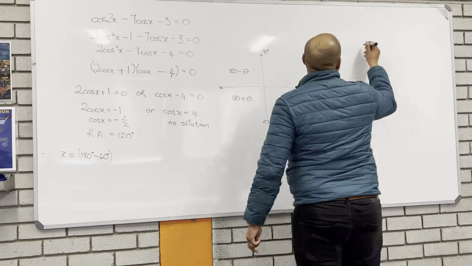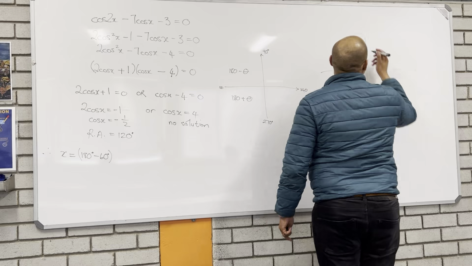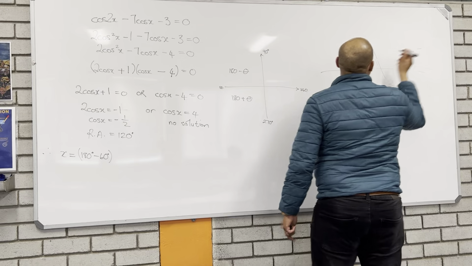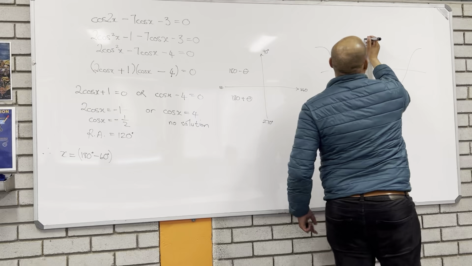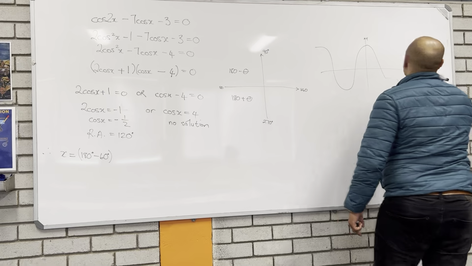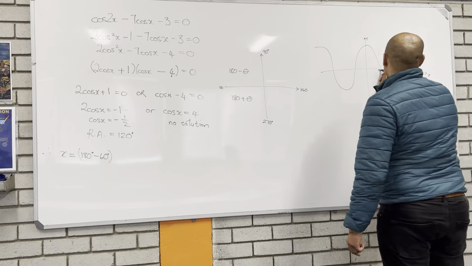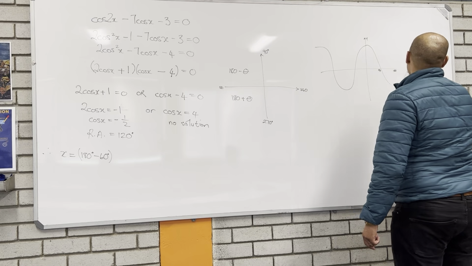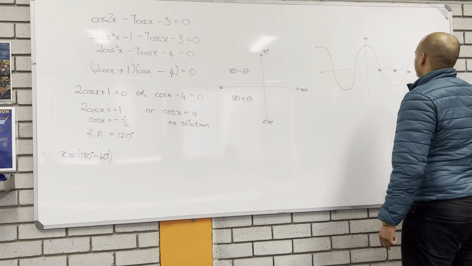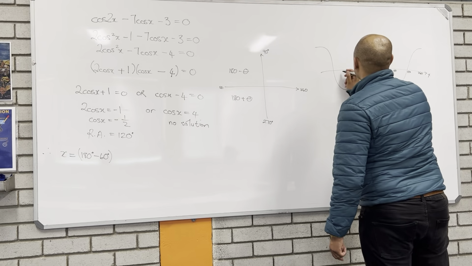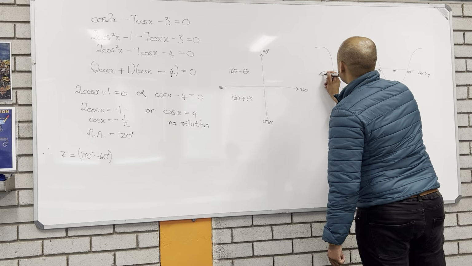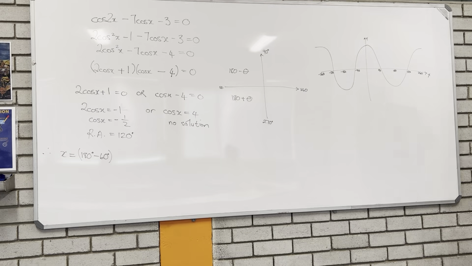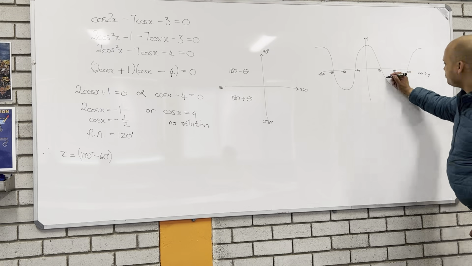If I look at the graph, maybe the graph will explain better. Let's do that. I've got here 90, 180, 270, and 360. I've got minus 90, minus 180, minus 270, and minus 360. Where's 120? It would be here, right?